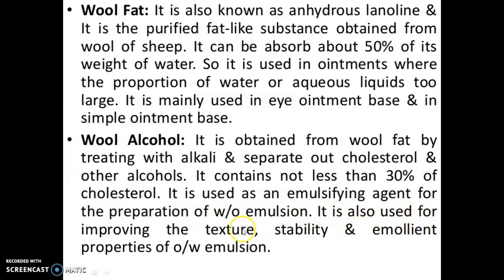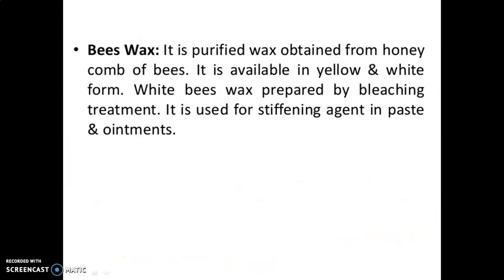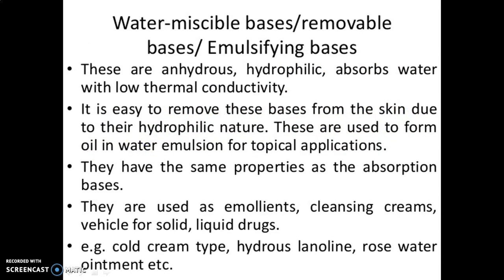It is also used for improving the texture, stability and emollient properties of oil in water, O/W, emulsion. Then beeswax. It is a purified wax obtained from the honeycomb of bees. It is available in yellow and white form. White beeswax is prepared by bleaching treatment. It is used as a stiffening agent in pastes and ointments.